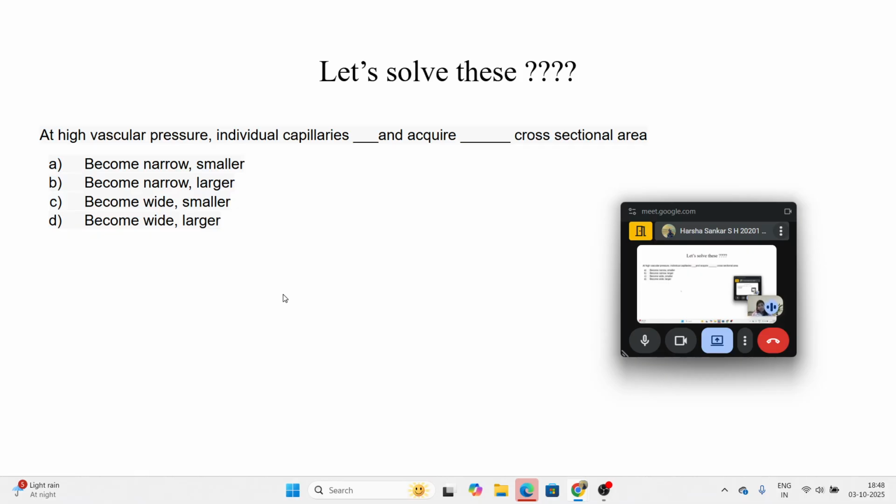Remember, the sir drew a chart comparison. If you remember that, you can answer this easily.